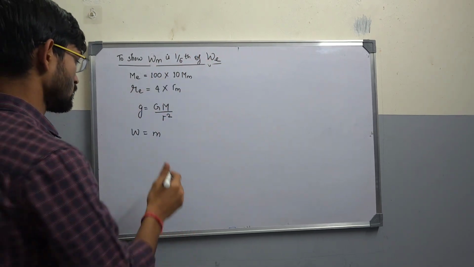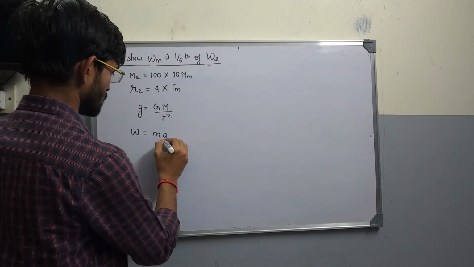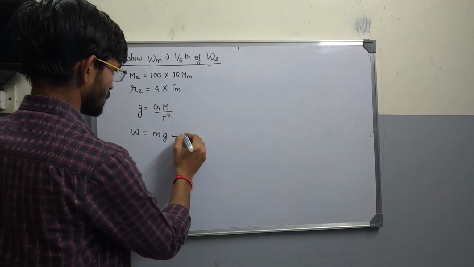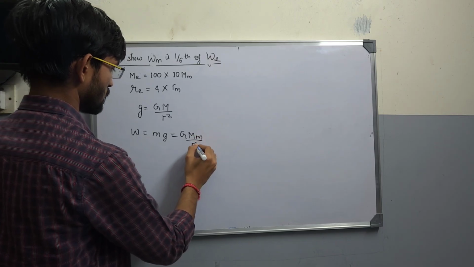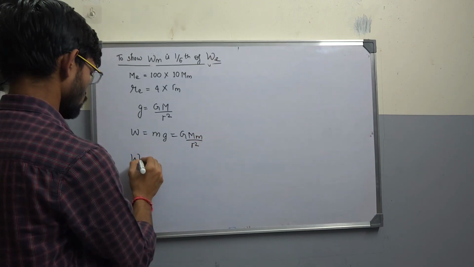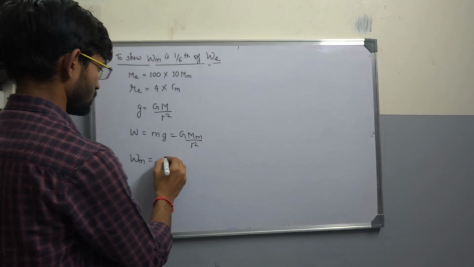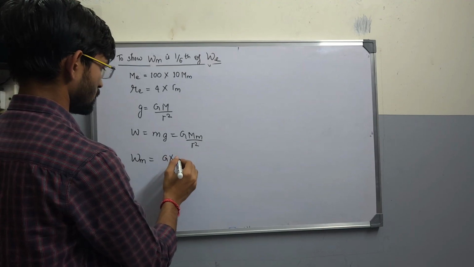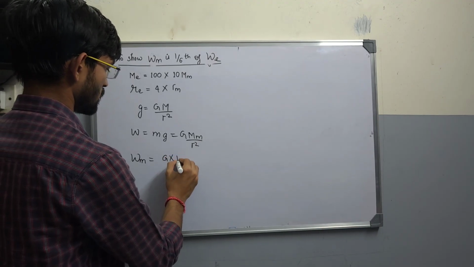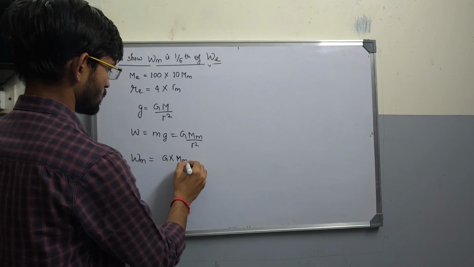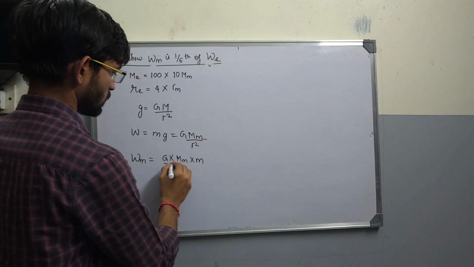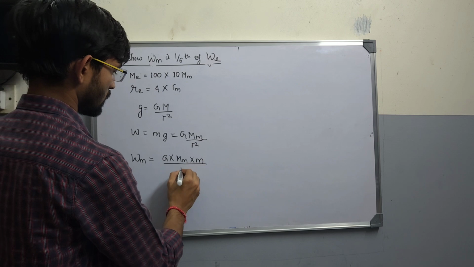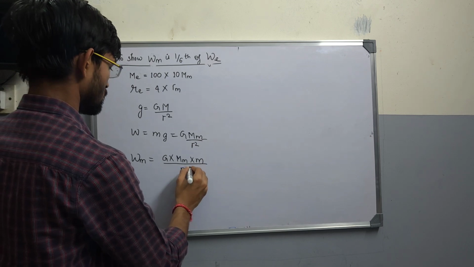So weight is mass into g, so I can write weight will be G m upon r square. For the moon, weight on moon will be G into mass of moon into mass of any body for which we are finding weight, upon r of moon square.